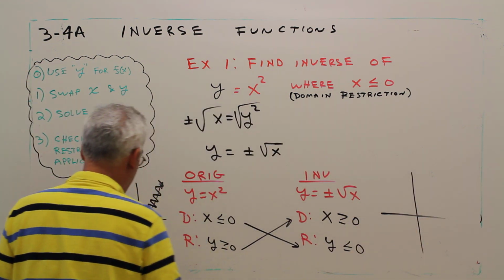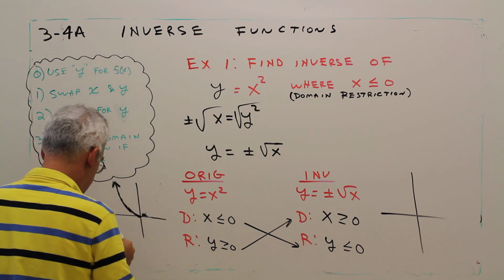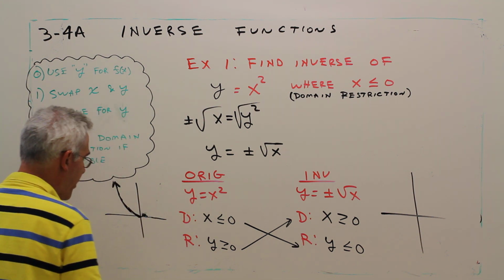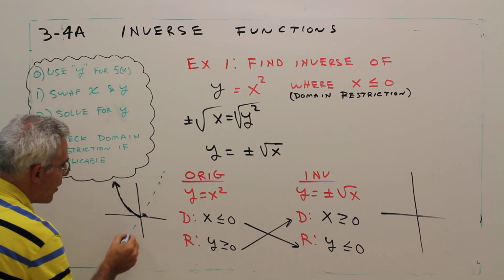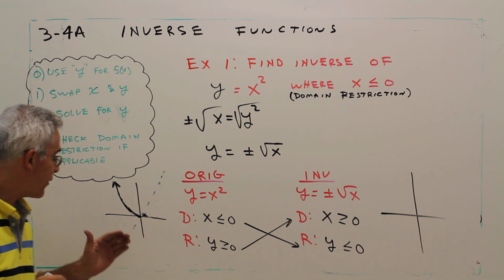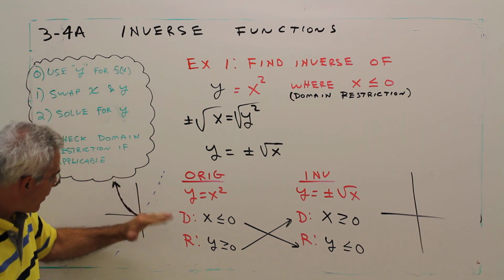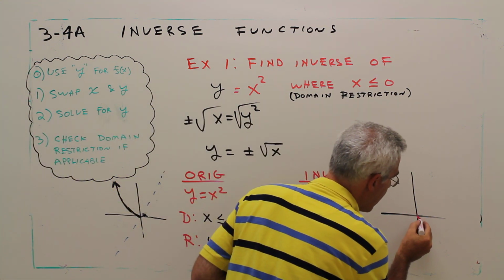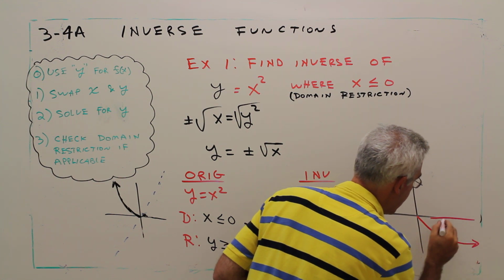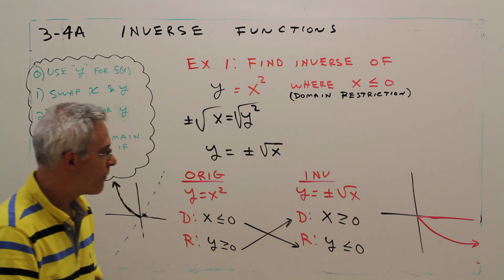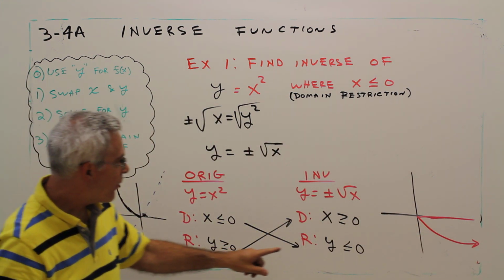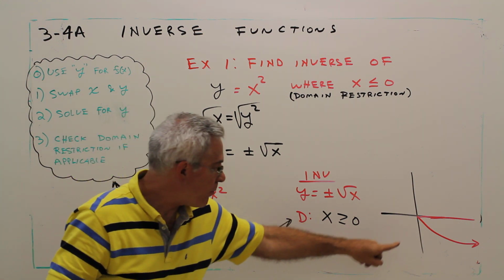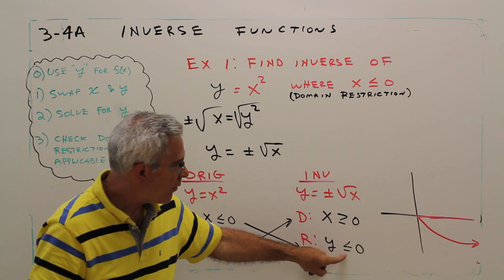Now the way the function and the inverse work is they are reflected about the line y equals x. So if I were to reflect this about that line, you'd see that it was graphically like that. All right, also, my range matches my range, y less than or equal to 0.